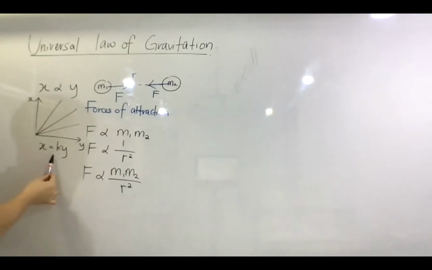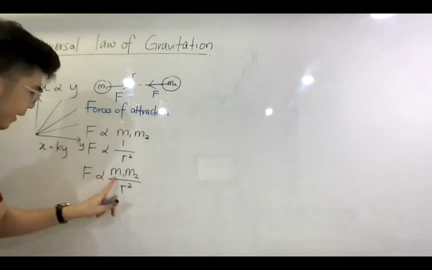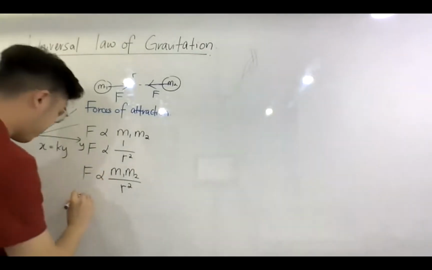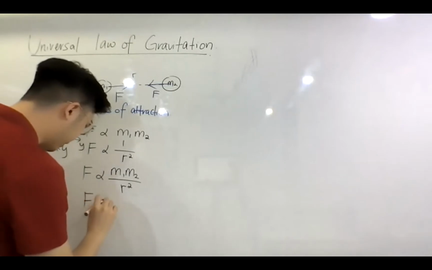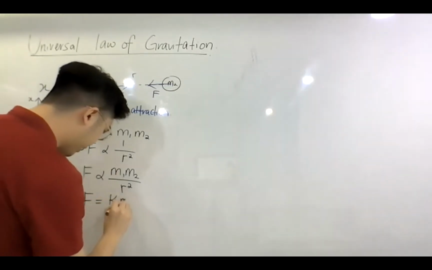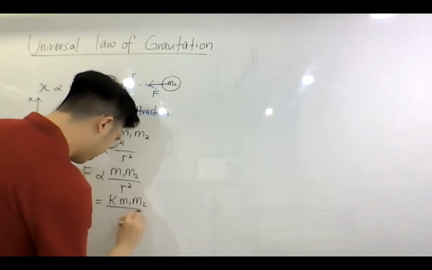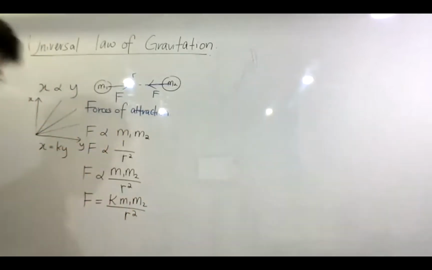I have to add a constant. Same here, to convert this to an equation, I have to add a constant, F equals k M1 M2 over R squared, like this.